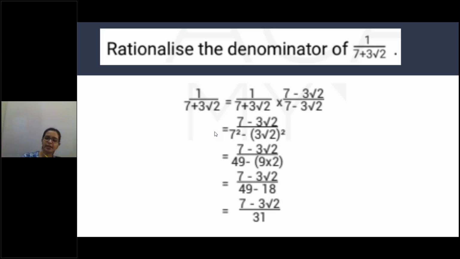If you keep the identity of a square minus b square in your mind, you always know that each fraction you're given to rationalize, whatever it may be, will be either in the form of a plus b or a minus b. So you just have to multiply the other part, or the conjugate of it, and simplify. So you get the answer. That's why remembering the identity is very crucial.